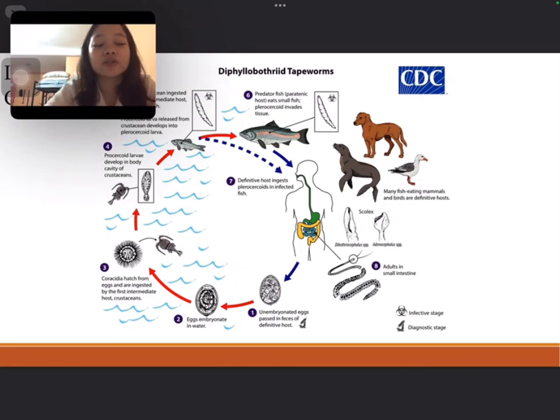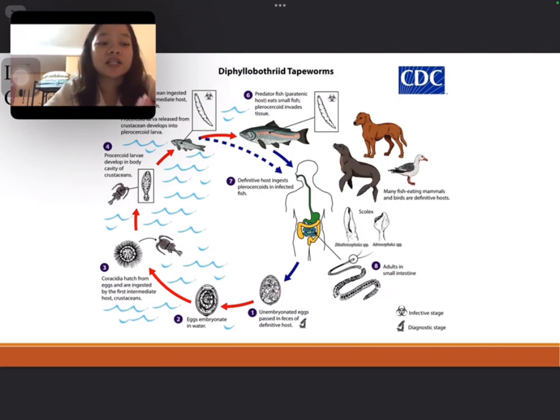The next stage of the life cycle occurs when infected copepods are ingested by freshwater fish, which serve as a secondary intermediate host for D. latum. Once inside the fish, the procercoid larvae migrate to the fish muscle tissues, where they encyst and develop into plerocercoid larvae, also known as sparganum larvae.